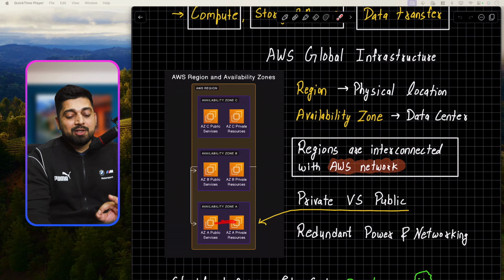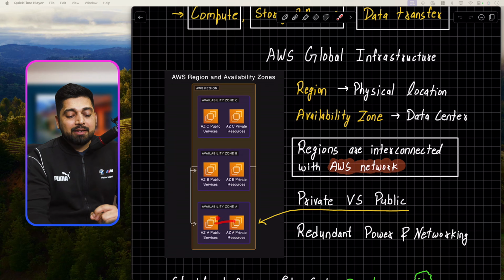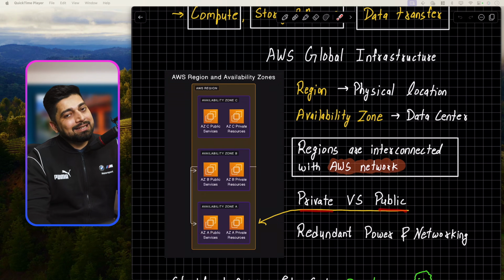Since these 2 machines can talk to each other, only this machine's IP address is allowed to connect with this database. No other machines, only one machine. This machine can access the internet and can be reached from outside, so this is the public-facing one. But for this one, there is no way that you can directly connect or talk to it. The only way to connect with it is via our application on this machine. This is what private and public mean in terms of AWS global infrastructure.